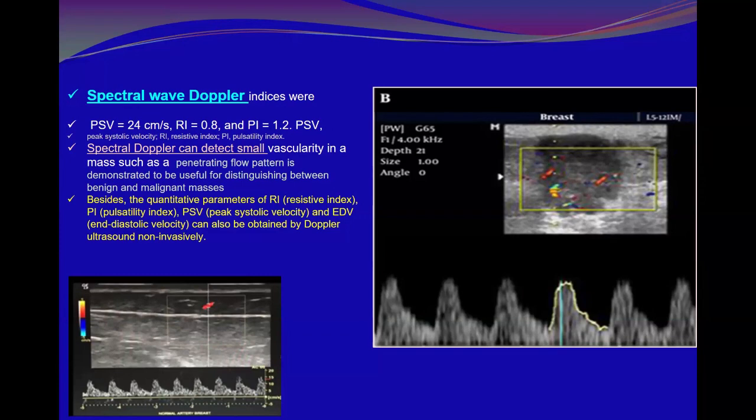The spectral Doppler here can detect small vascularity in masses, such as penetrating vessels. If we compare and look at the velocity, you see high pulsatility. If we compare it with the normal appearance of the breast, the diastole here is a little bit shallower, and the peak systolic velocity here is much higher than in the normal breast.